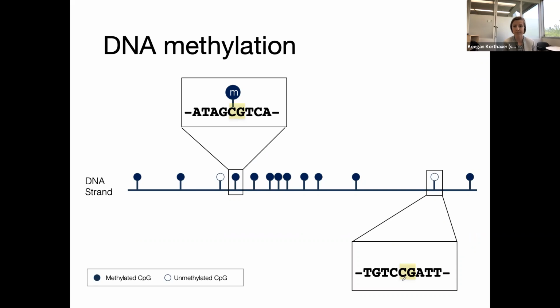And when that mark is absent, as it is down here, then that C is unmethylated. In mammals, like in humans, this almost exclusively occurs at Cs that are immediately followed by Gs, or guanines. So when I refer to a site where methylation could or could not occur, I'll often call it a CpG. That's just a C followed by a G. And in humans in particular, there are close to 30 million such available sites across the genome.